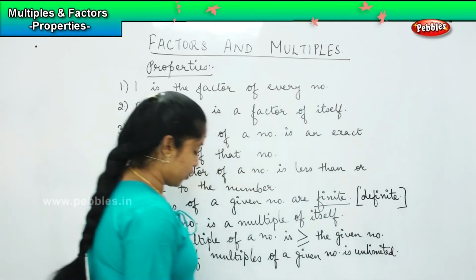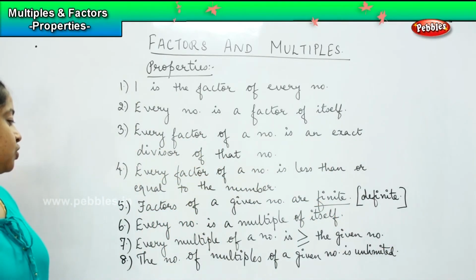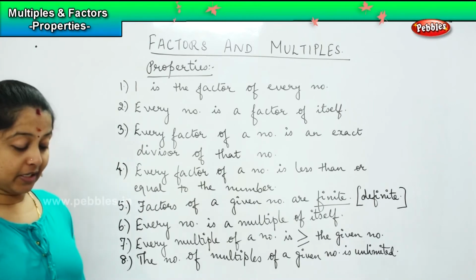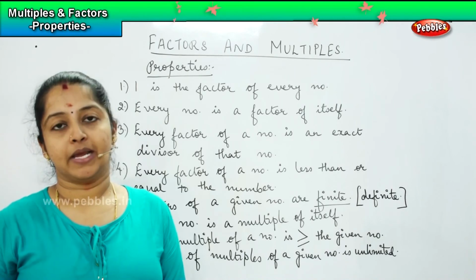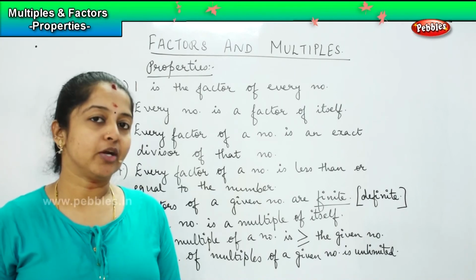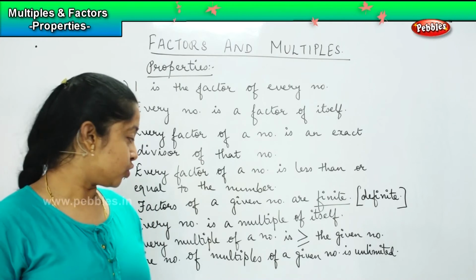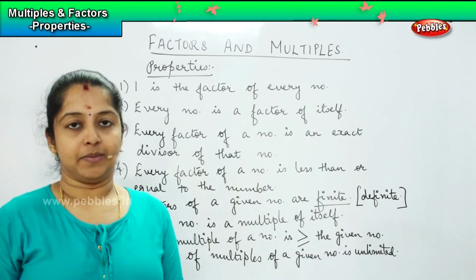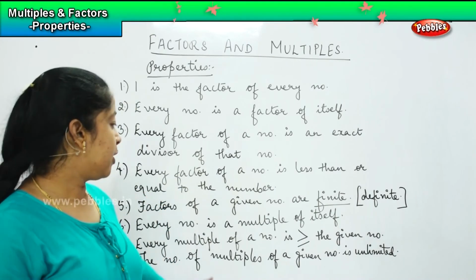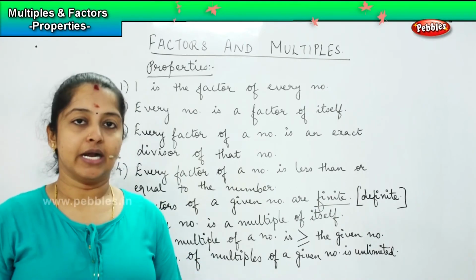So what do you mean by this point, children? Here it is trying to say that if you keep on multiplying, you can go on multiplying the numbers. There is no limit to finding the multiple value. There is only a limitation to the factors. There is no limitation to the multiples. So the number of multiples of a given number is unlimited.